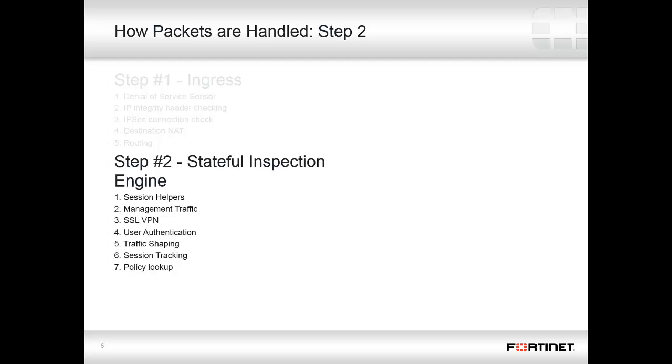Next comes user authentication, and then traffic shaping will kick in if there is any. Then we come to session tracking. Basically, if this is traffic that belongs to an existing session or not. Finally, assuming that no existing session was found in step 6, a policy lookup gets performed to see if the unit can find a firewall policy that matches this traffic.